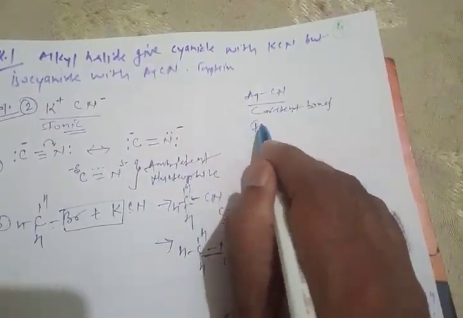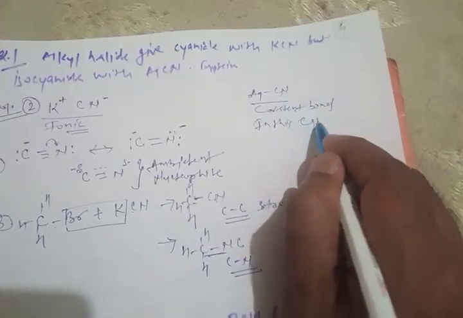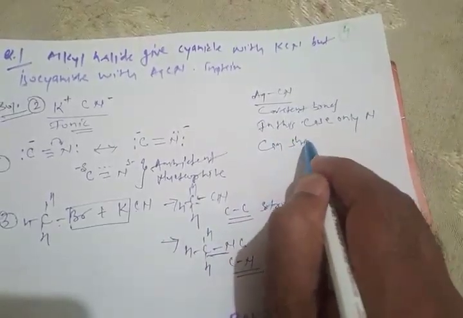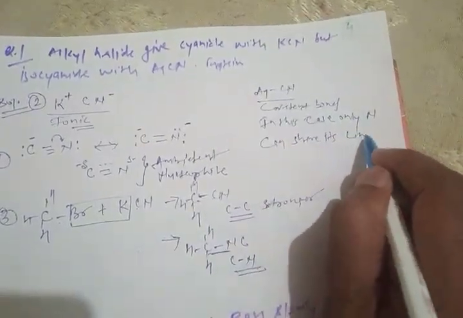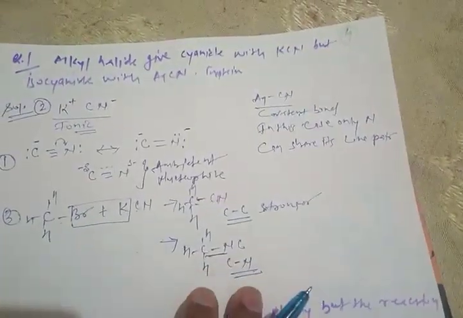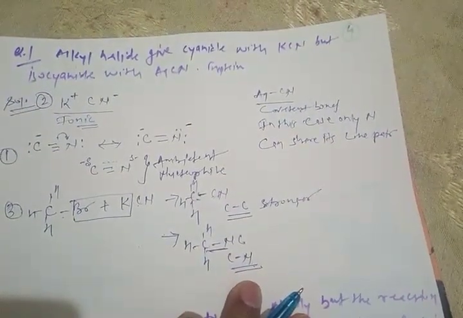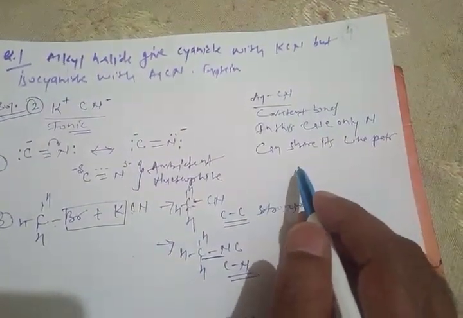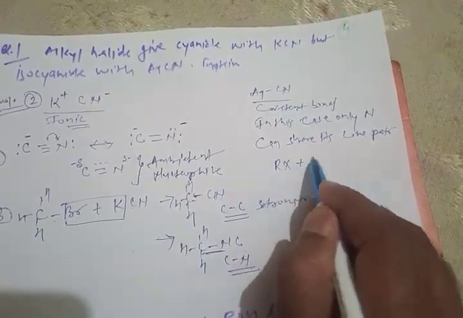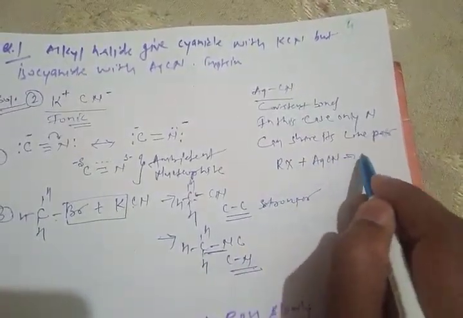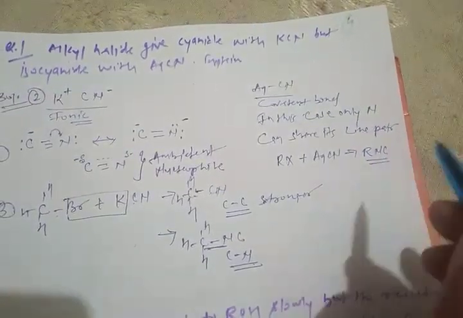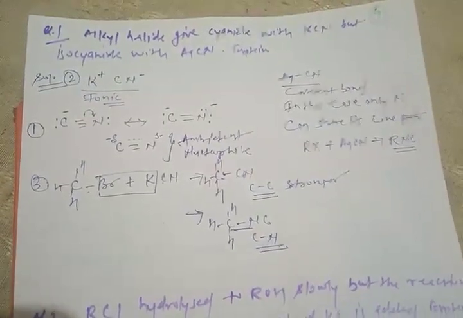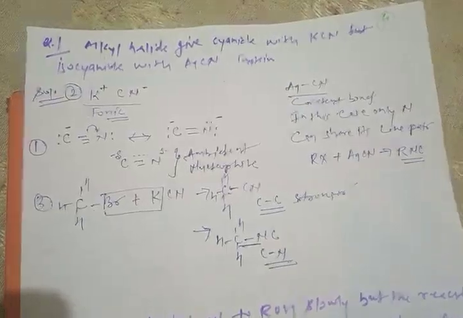Hence in this case only nitrogen can share its lone pair, and as the nitrogen shares its lone pair, the result is an isocyanide compound. So RX will combine with AgCN and this will give you RNC. Okay, so this is the answer.